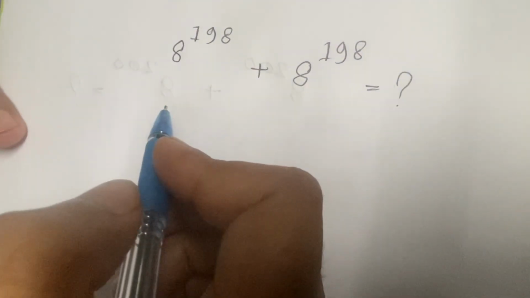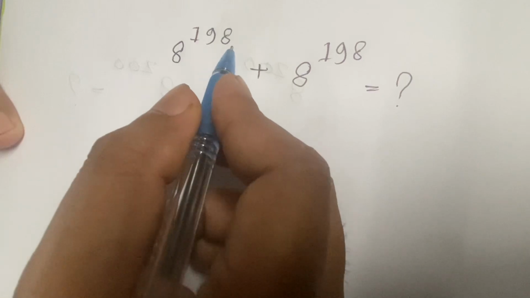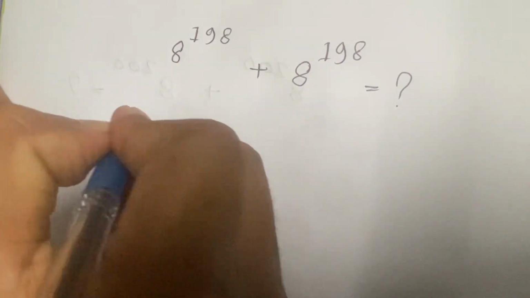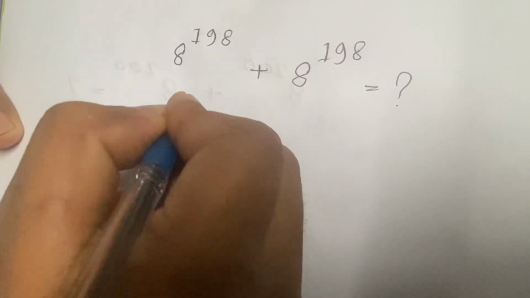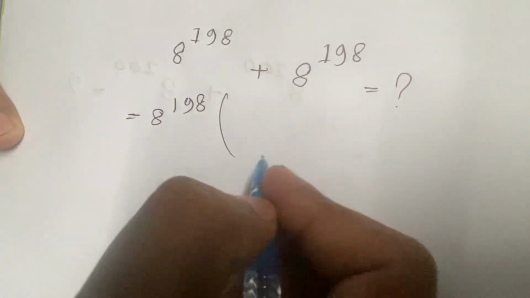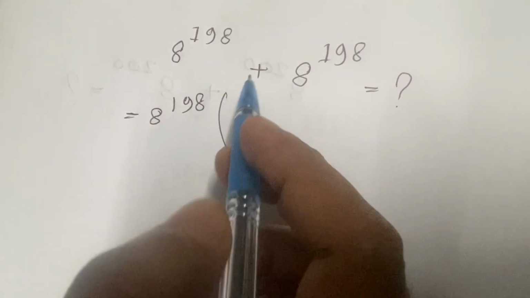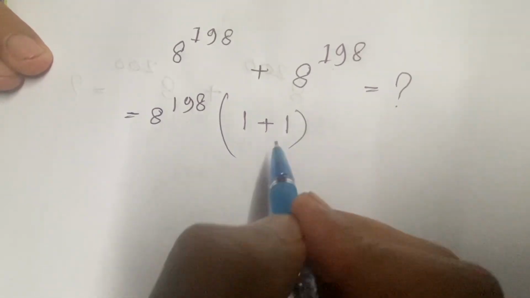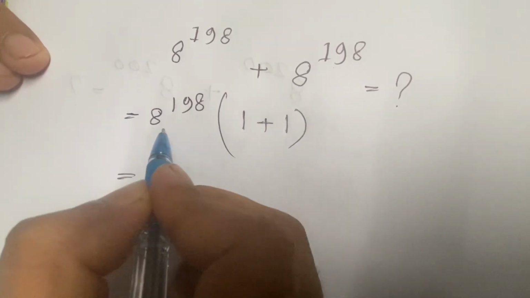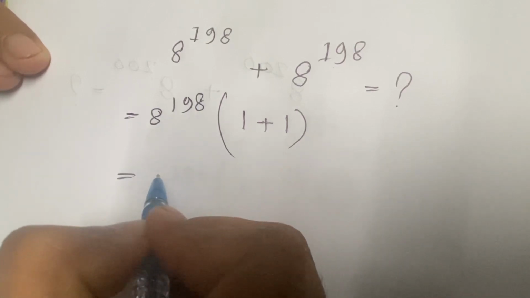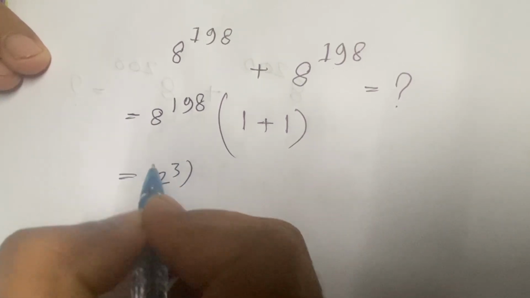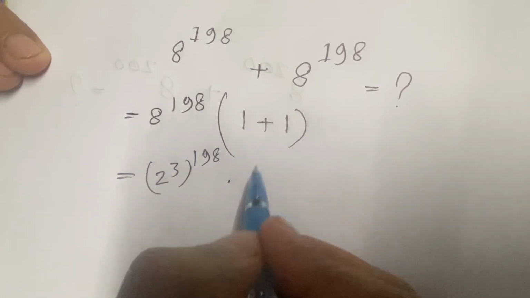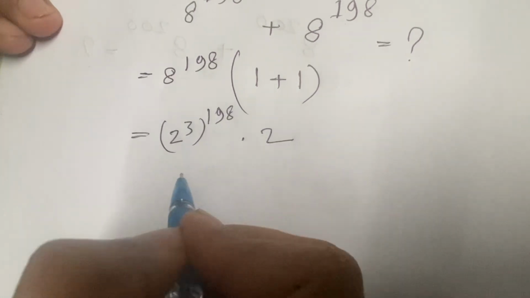So how to solve a to the power 198 plus a to the power 198 is equal to what? At first we take common a to the power 198, first bracket start, this divided by this, that means 1, plus this divided by this, that means 1. Then a to the power 198 is same as 2 to the power 3 bracket for 198 times 1 plus 1, that means 2.